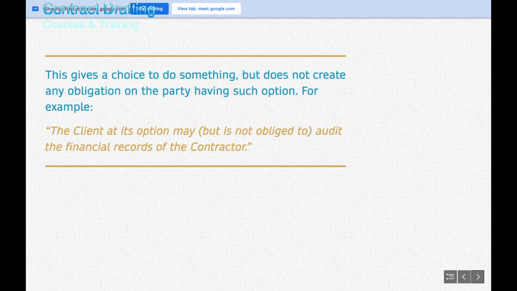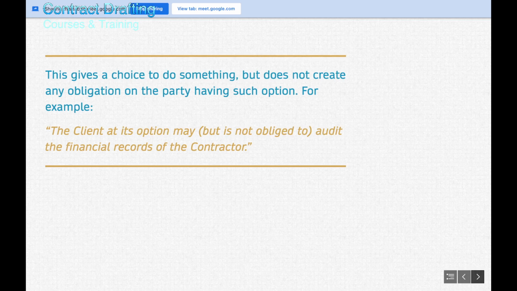In that case, the contractor may argue and ask for limiting this option to the contract transaction itself and not a general financial record audit. So it will be limited to the transactions of the contract.